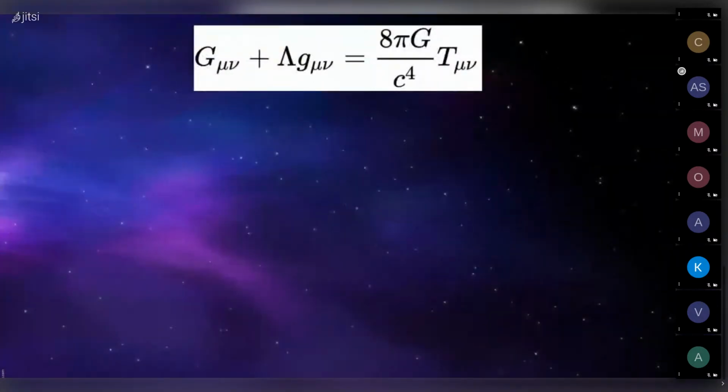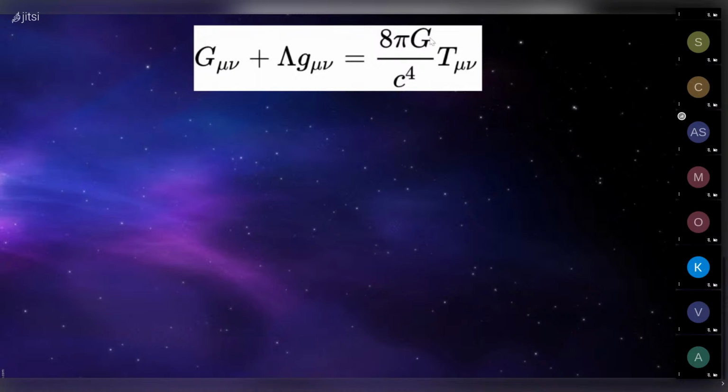Now, can anybody guess what equation this is? Can I get some response in the chat box? What equation is this? Einstein field equations. Exactly. So this is Einstein's field equation. What this equation tells us is it relates two important factors, the stress and energy of matter, to the gravitational field.